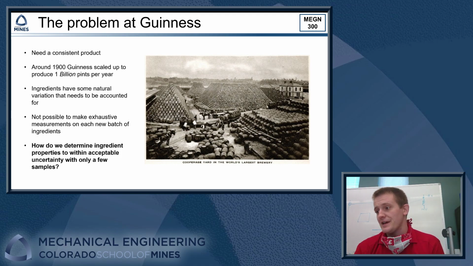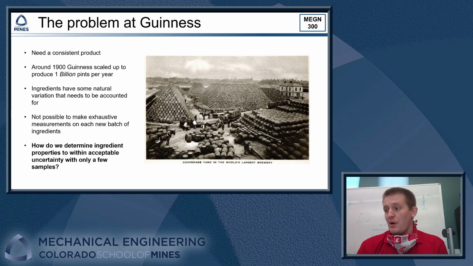They're going to have some variation depending on where they were grown, how they were grown, how much it rained while they were growing. And to make your beer consistent, you need to account for those variations in your brewing process and tweak your brewing process so that the beer comes out exactly the same every single time.